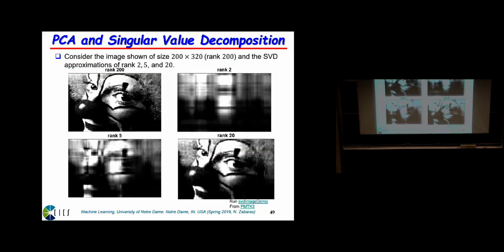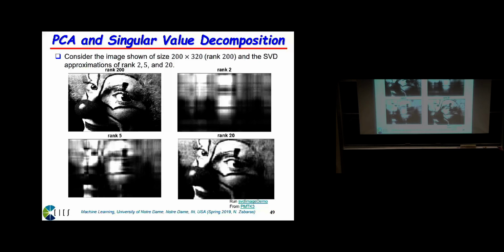So a few examples. If you take this image that is in pixel form 200 by 320, the rank of this image is basically 200. You do singular value decomposition or PCA, and you keep 2 components, or 5 components, or 20 in reconstructing the image.